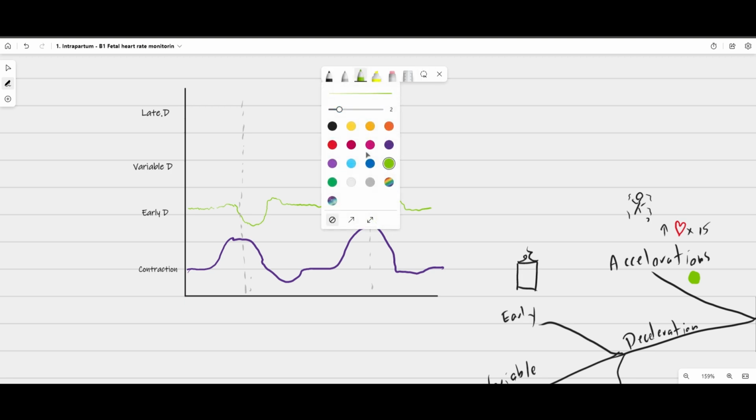I'm going to have some blue, hopefully make us think it's a mirror. So they mirror contractions. We have a contraction, heart rate slows, comes back up, and they're going together. So they mirror, but they return to baseline. And yeah, that's good. So we got a green light on those.